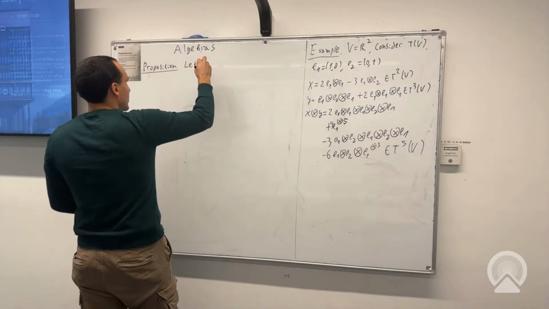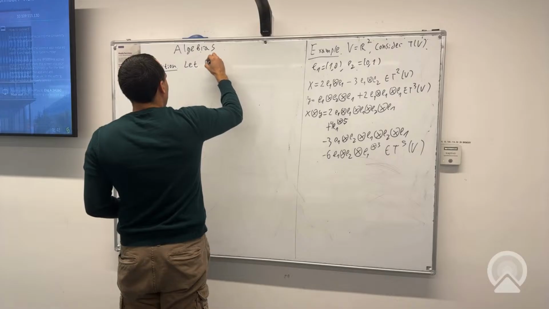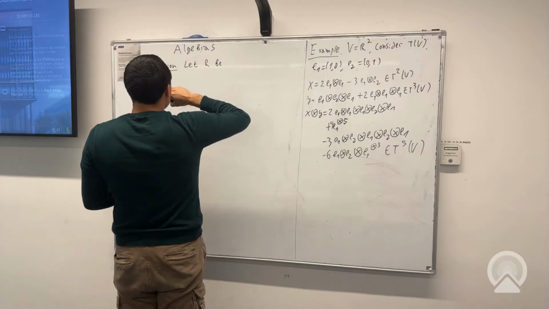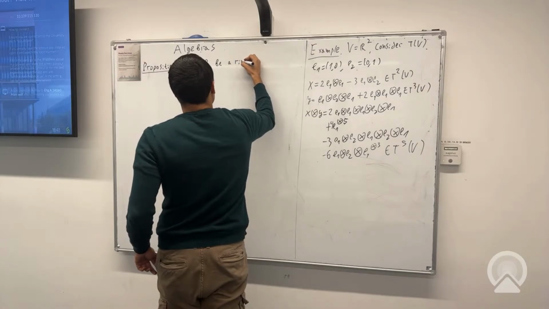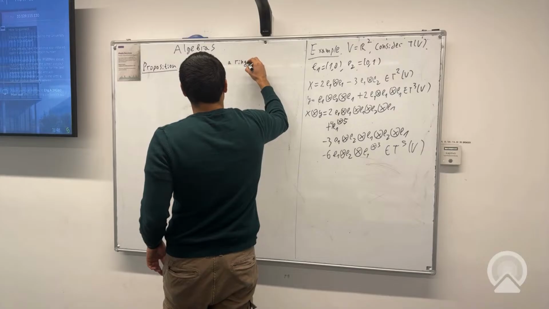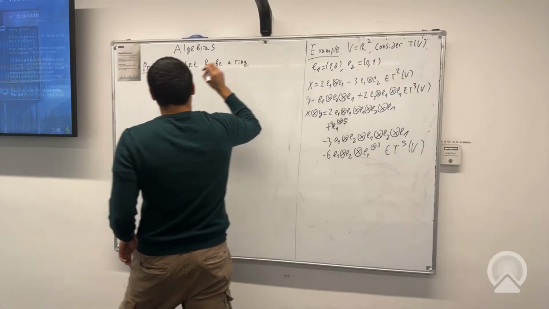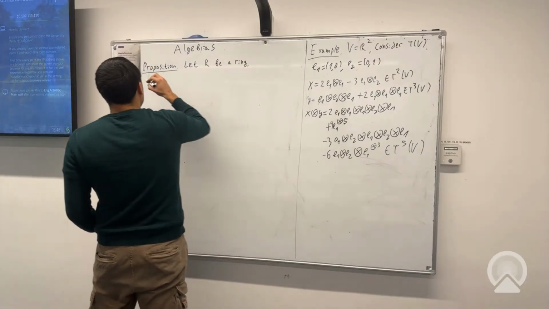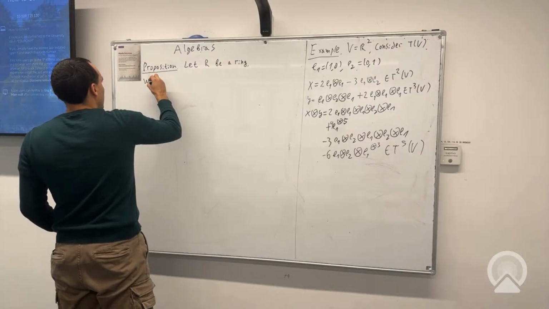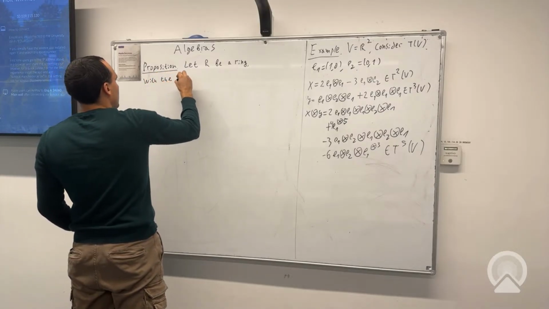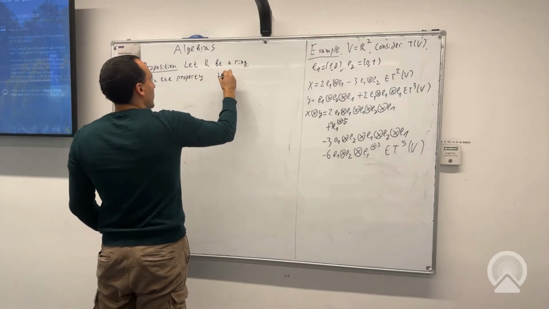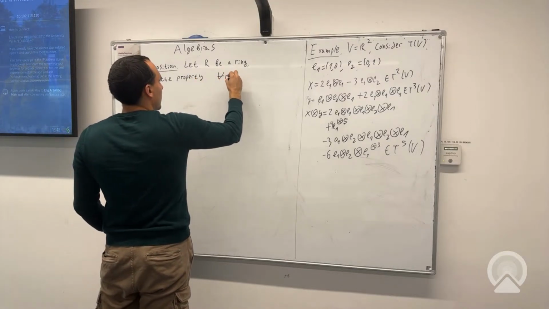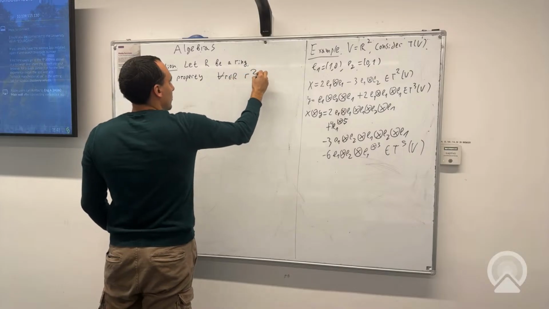A very small proposition, because I will need it. Let R be a ring that has the following property: for all r in R, r squared equals 0.